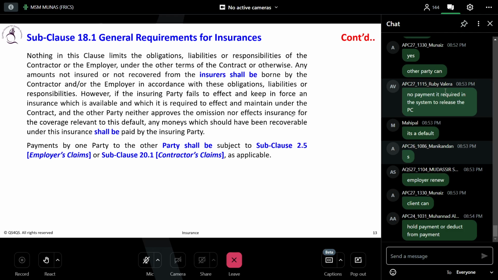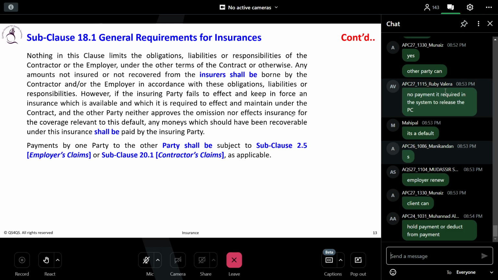However, if the insuring party fails to effect and keep in force the insurance which is required to be effected and maintained under the contract, and the other party neither approves the omission nor effects the insurance for the coverage relevant to this default, any monies which should have been recoverable under this insurance shall be paid by the insuring party.